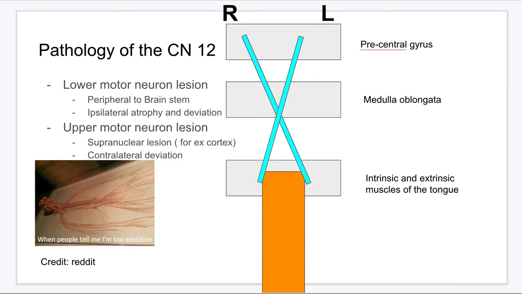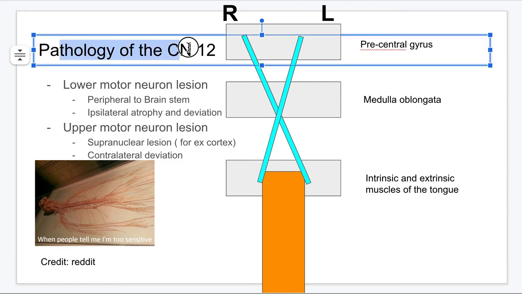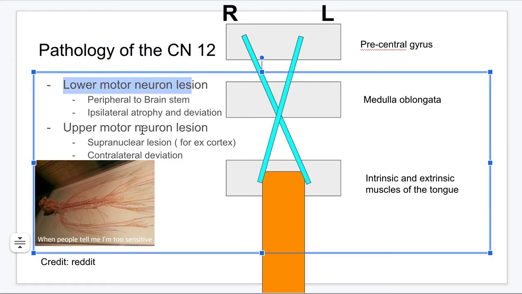Then what about the pathology of cranial nerve 12? First of all, there are going to be lower motor neuron and upper motor neuron lesions. A lower motor neuron lesion is quite simple: it is peripheral to the brainstem, and therefore it is ipsilateral. What does that mean?